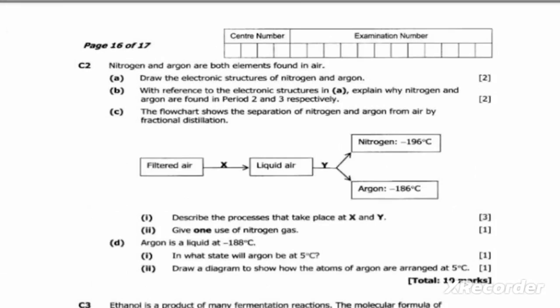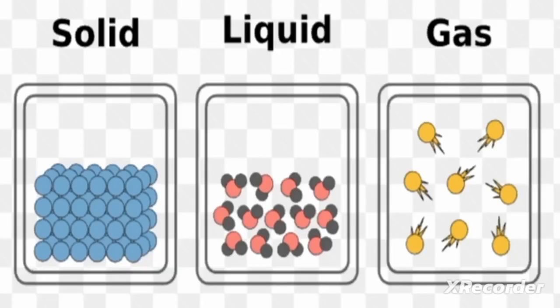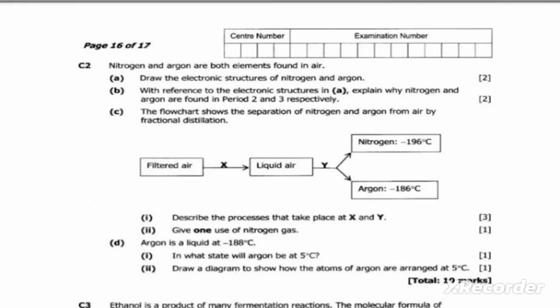Draw a diagram to show how the atoms of argon are aligned at 5 degrees Celsius. So we have said at 5 degrees Celsius, argon is a gas.